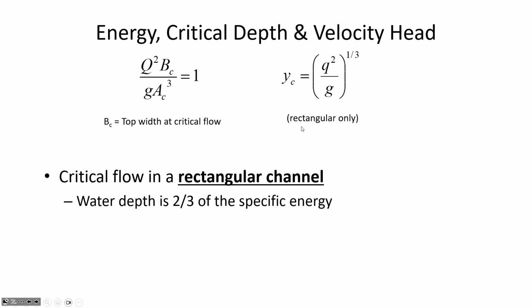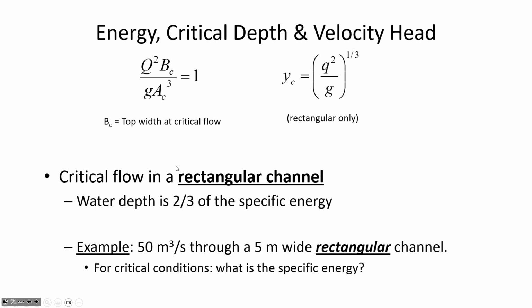It's a simplification that we're going to use to our benefit, where we won't bother calculating the velocity head. If we know that the flow conditions are critical and it's a rectangular channel, then the specific energy is just equal to 3/2 times the critical depth. It's a lovely simplification. So water depth is 2/3 of the specific energy.